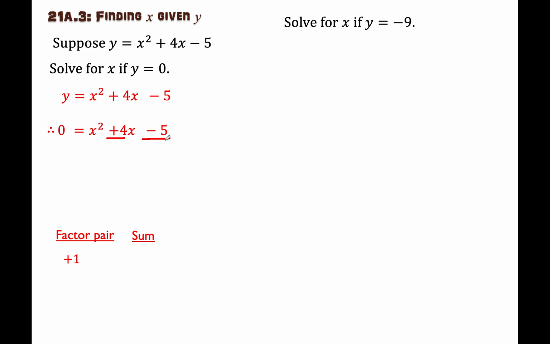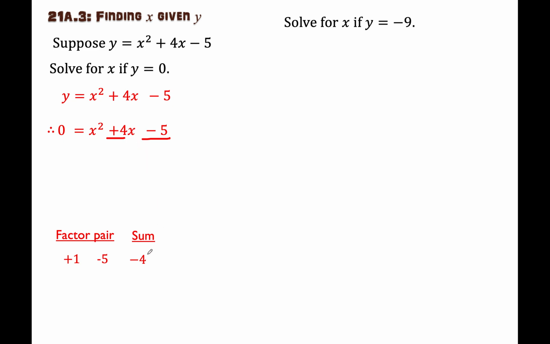What is that something? 1 times minus 5 is minus 5. So I've picked these numbers so they'll have the right product. Now we need to find the sum and see if the sum is right. If I have positive 1 and then subtract 5, the answer that I will get... Oh, that's sad, because I was hoping for positive 4, and the answer I got is minus 4.